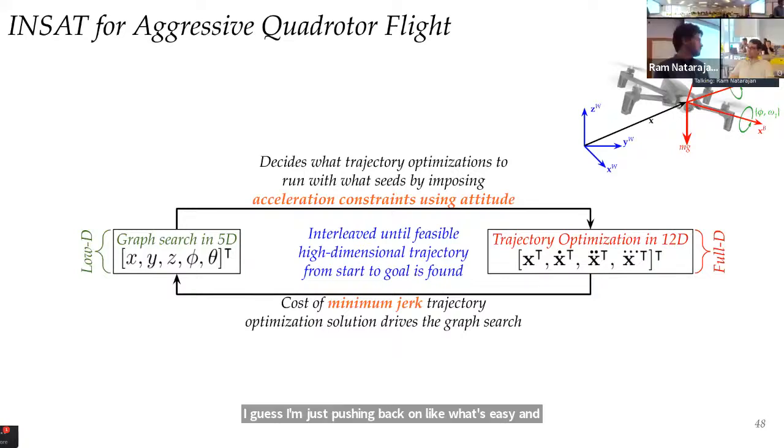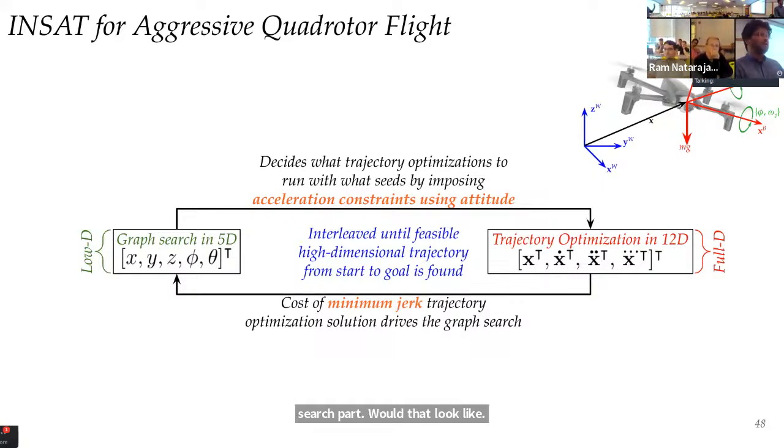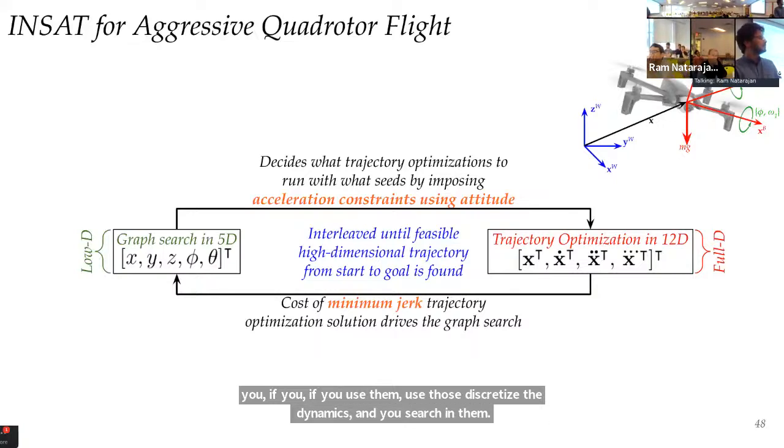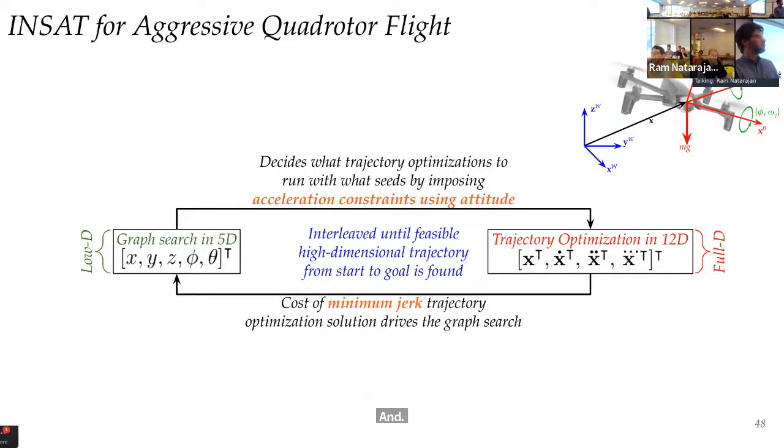One contention is, if you wanted to bring more of that into the search part, what would that look like? There are some simple experiments on cart pole or pendulum for doing value iteration, discretizing the whole dynamics and doing value iteration, right? So if you use those, discretize the dynamics, search in them, and satisfy obstacle constraints in the full dimensional space.